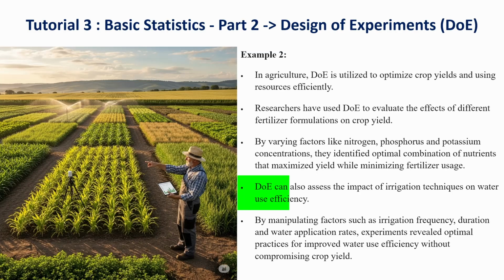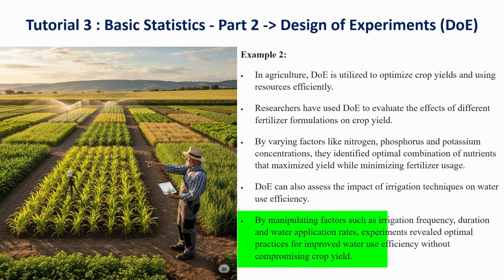Design of experiments can also assess the impact of irrigation techniques on water use efficiency. By manipulating factors such as irrigation frequency, duration, and water application rates, experiments revealed optimal practices for improved water use efficiency without compromising crop yield.